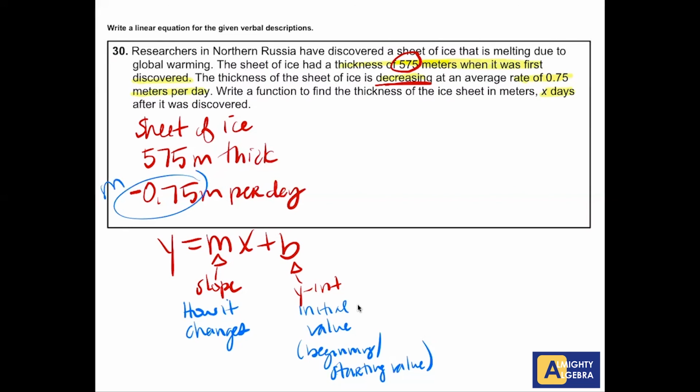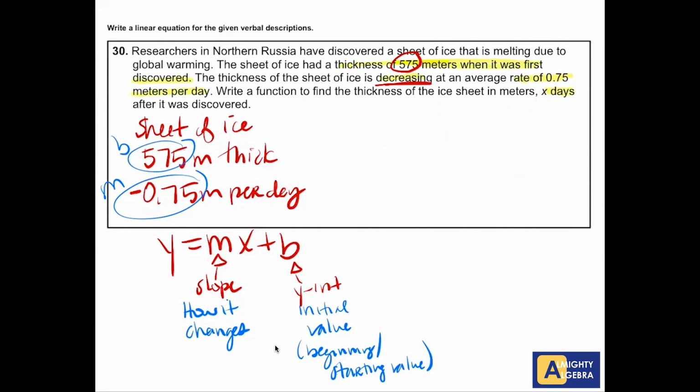When researchers first discovered this ice sheet, it was 575 meters thick. That's going to be my B, my y-intercept. That's the beginning. When it was first discovered, it started at 575 meters. So that's my y-intercept.